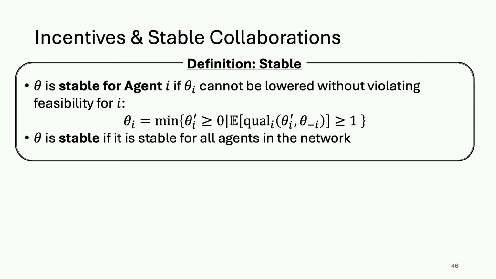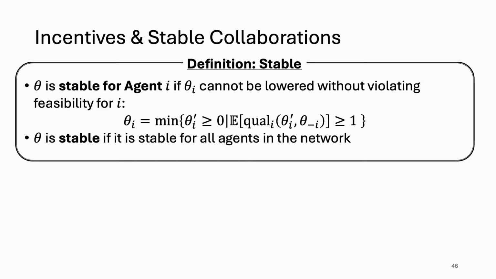And again, a solution is stable for agent i if agent i doesn't want to change their effort unilaterally. I should say, for agent i, theta i is the minimum effort for them to contribute to satisfy their constraint.